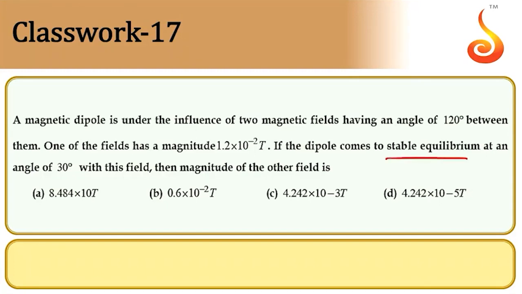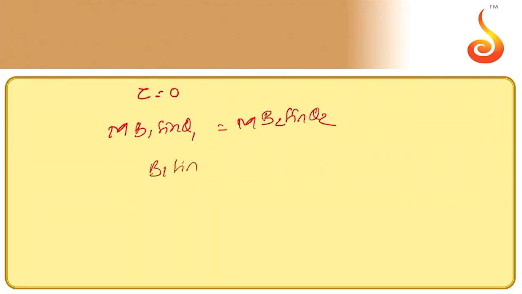So it is in stable equilibrium position, which means that the net torque is 0. That means m b1 sin theta 1 is equal to m b2 sin theta 2, or b1 sin 30 is equal to b2 sin 90.